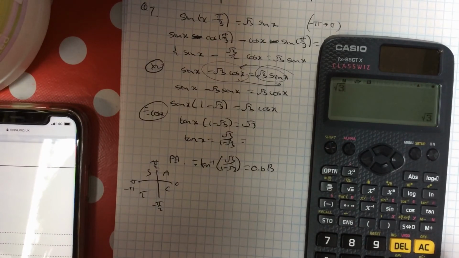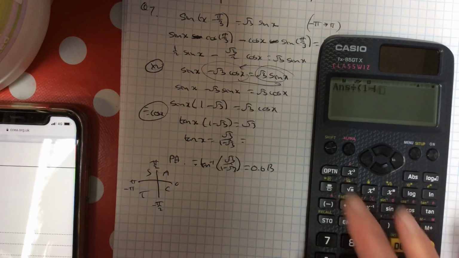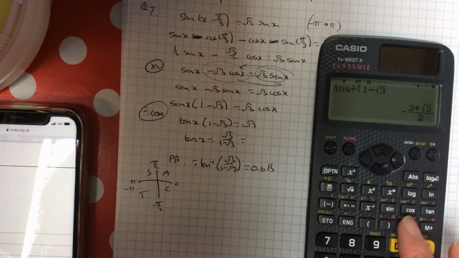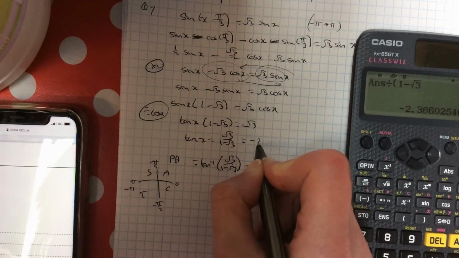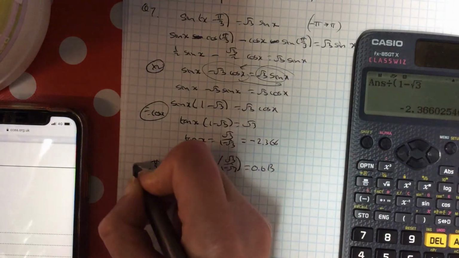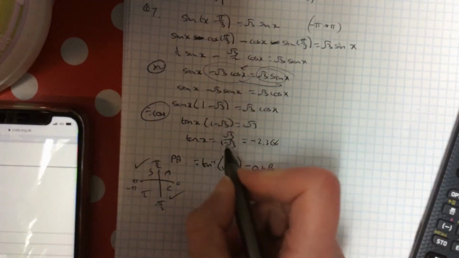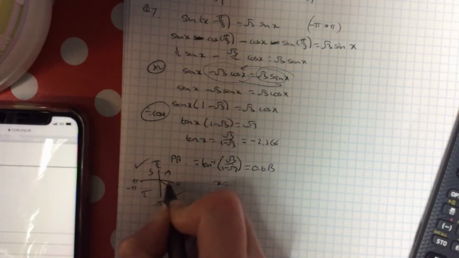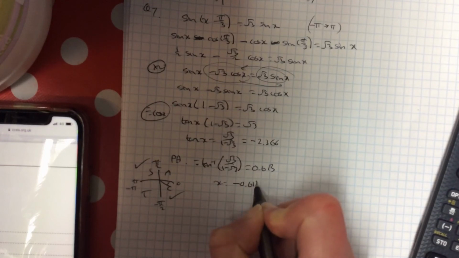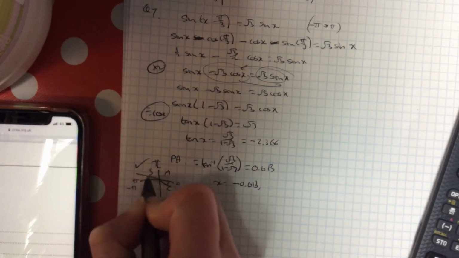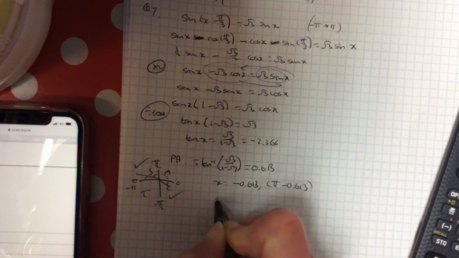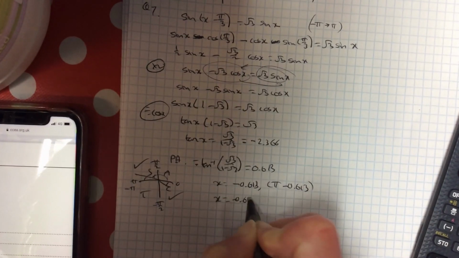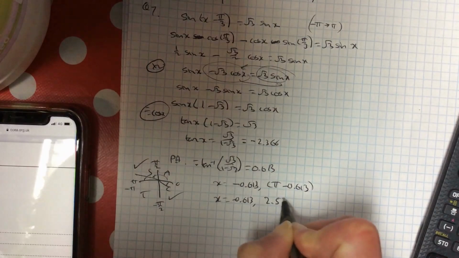So root 3 divided by 1 minus root 3 gives me a negative value. So tan is negative 2.366. So it's this quadrant and this quadrant. So x equals minus 0.613. And on this quadrant, it's going to be pi minus 0.613, and that works out to be 2.53.